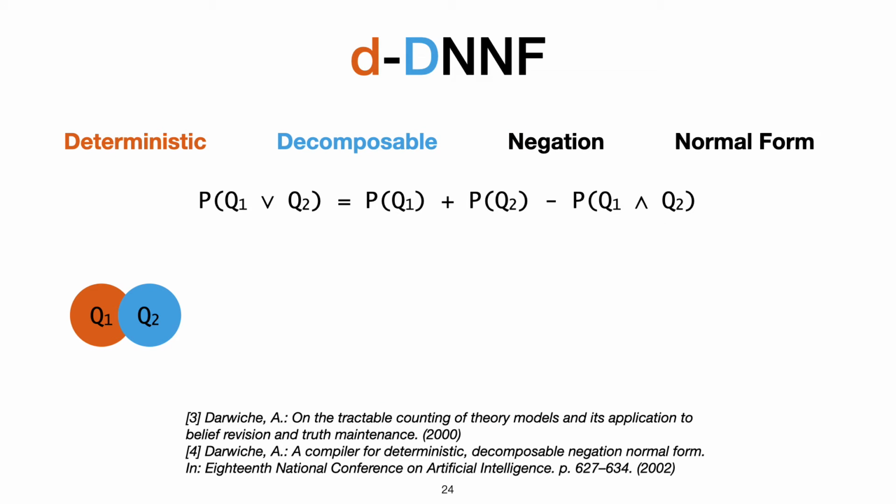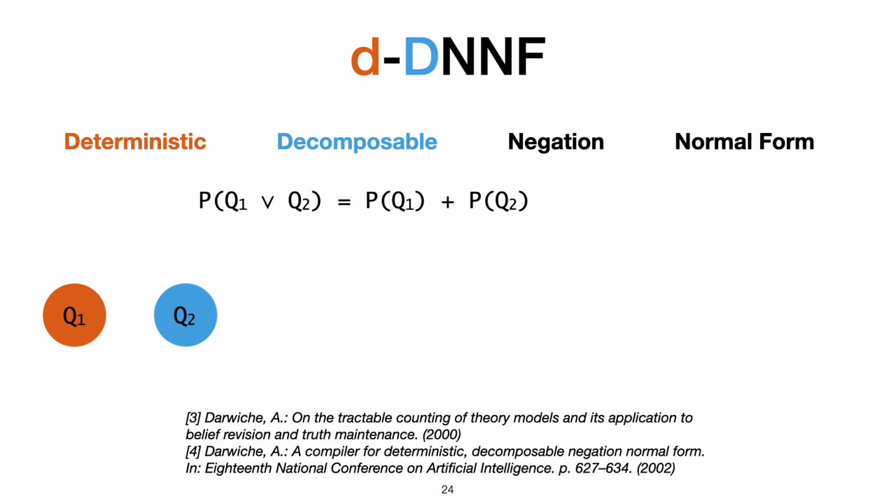Following Darwiche, we choose the so-called d-DNNF, or deterministic decomposable negation normal form. And this normal form makes queries deterministic, which means that every two subqueries that form a disjunction are mutually exclusive, or no world makes both queries true.